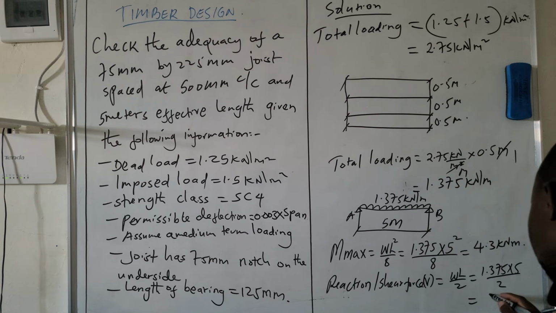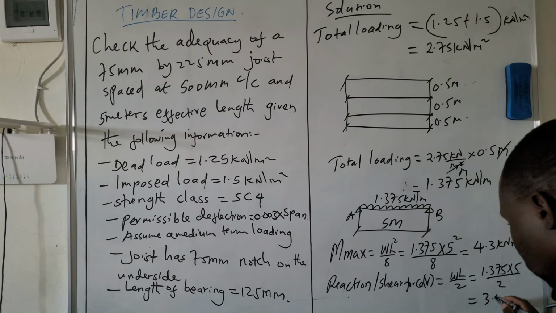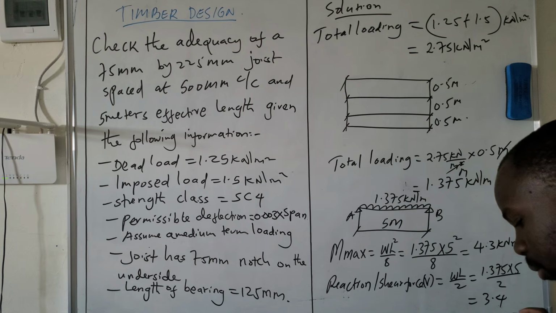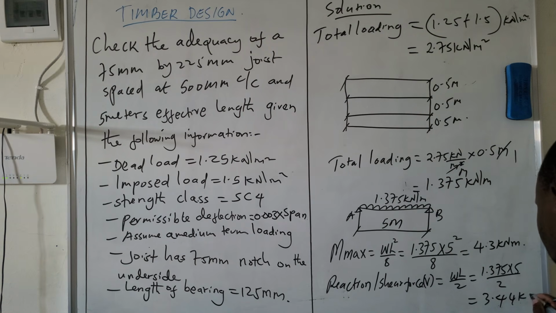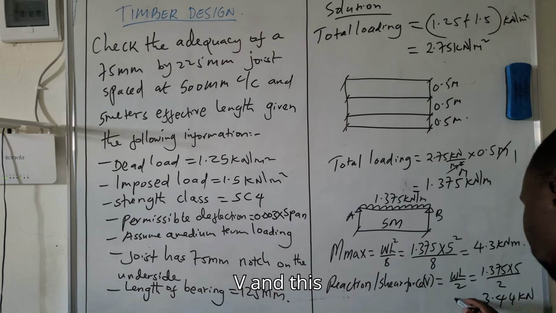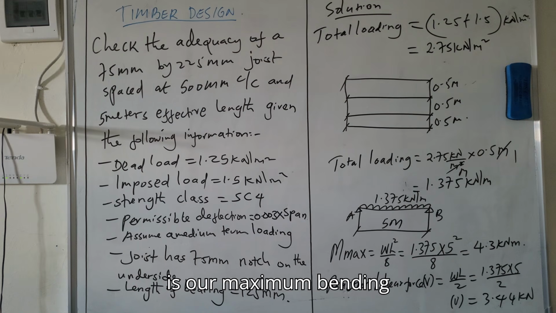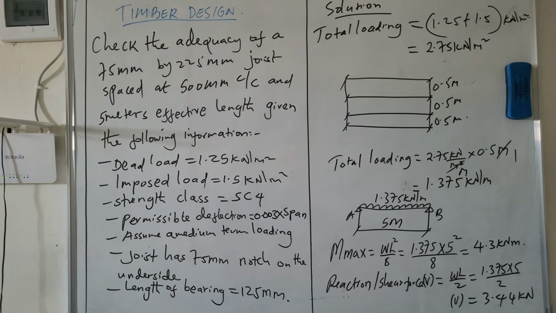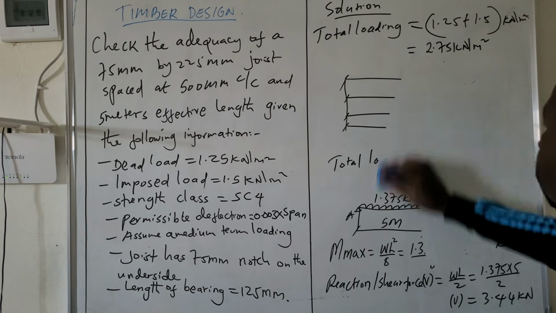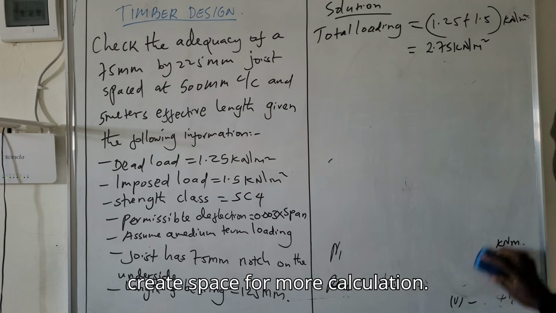So that is 3.4 kilonewton. So this is our V, and this is our maximum bending moment. So let me rub here to create space for more calculation.